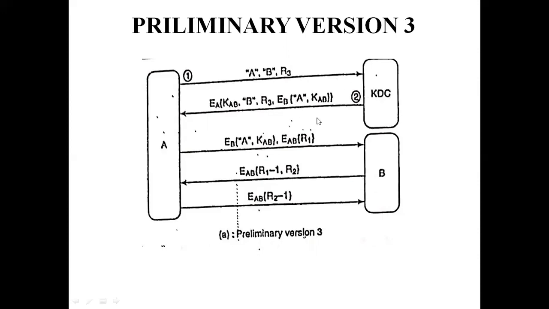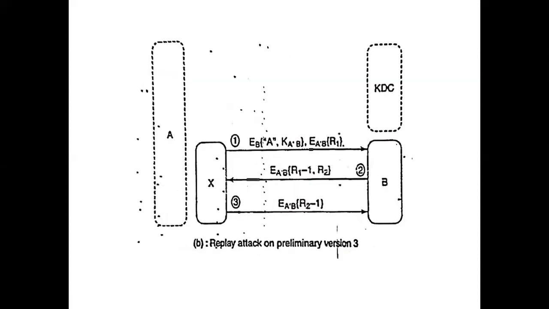Next, there is also an attack that will happen in this preliminary version 3, that is a replay attack. Version 3 is still not secure despite the modification that has been made. X could still steal the information and attack the protocol by recording previous messages and selectively replaying them when the right opportunity is presented.